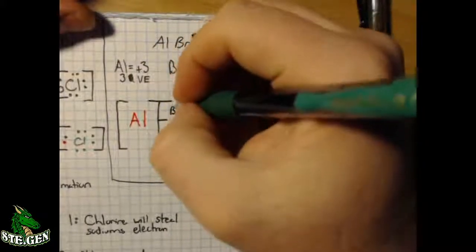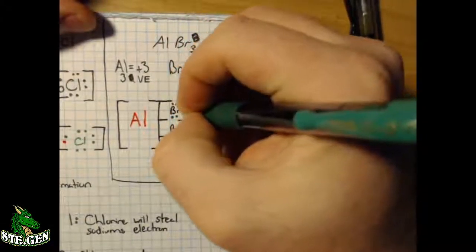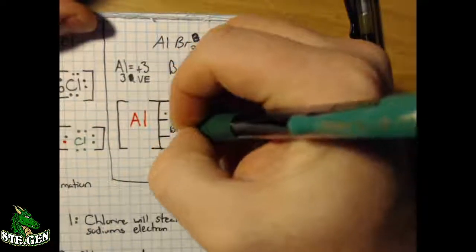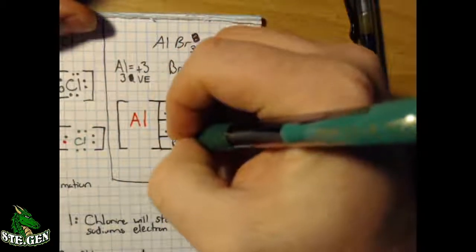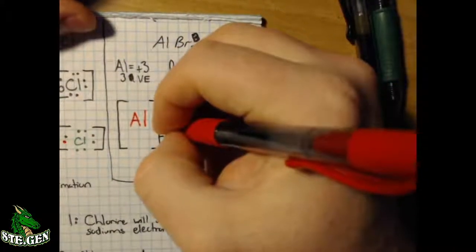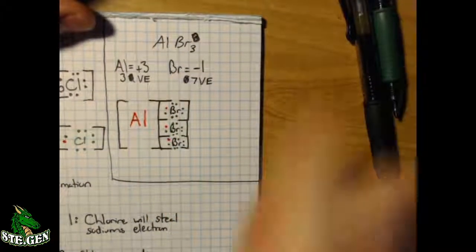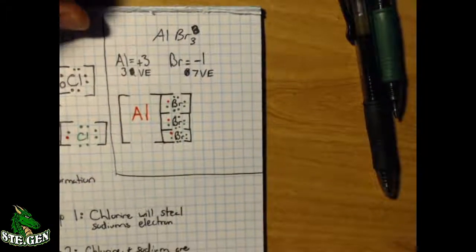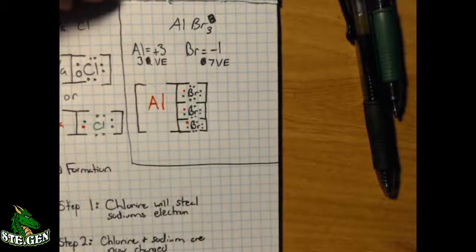And so these bromines all will have their 7 electrons, plus 1 to each of them that came from the aluminum.